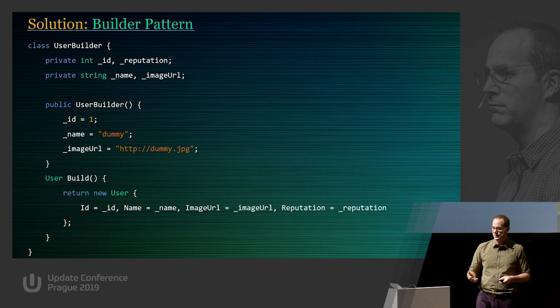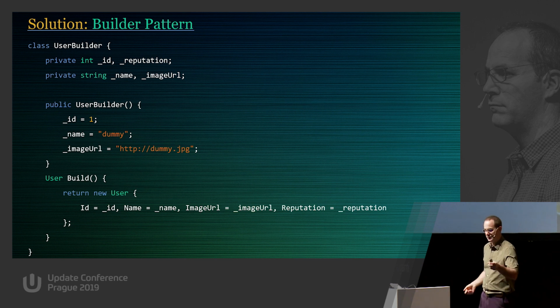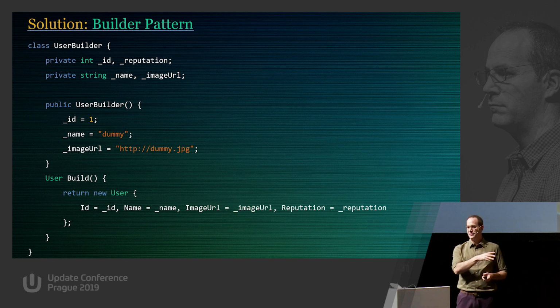So essentially, let's move quickly. A builder pattern says that I have an object that will create my objects. And it's very similar to the factory method in a way, because I have this object and it has a bunch of fields. I'll set them up with default values, good values, but I don't care about them. And when I call the build method, I will get back an object, and that is essentially a factory method at this point with the class.